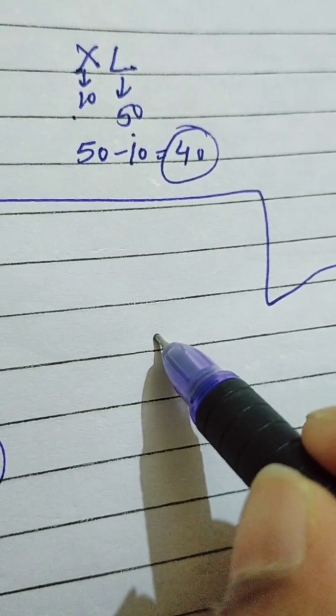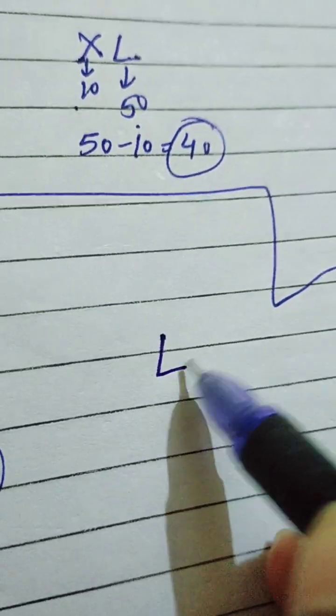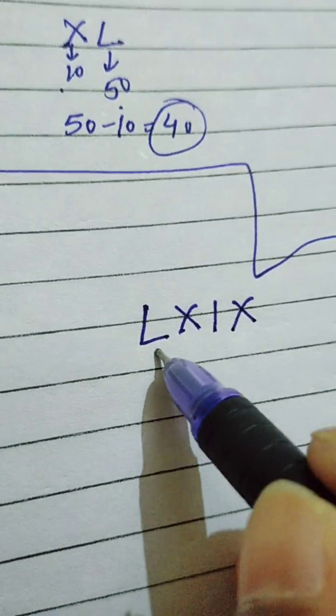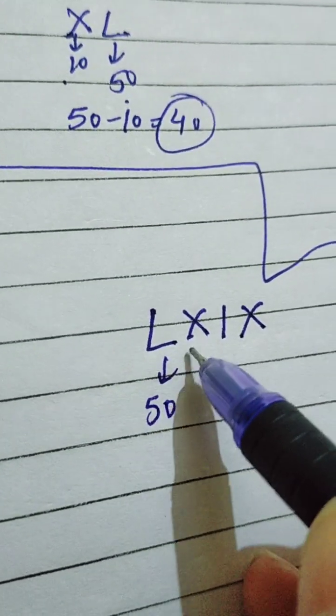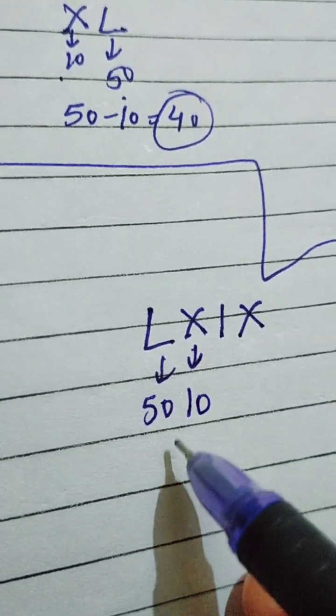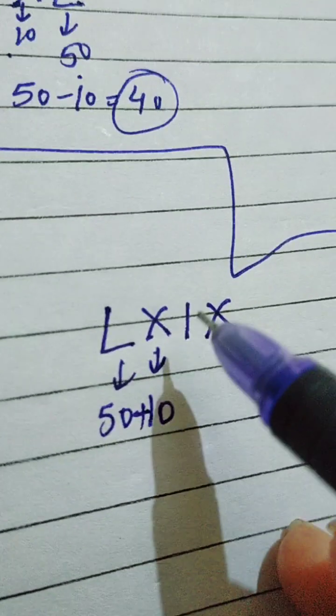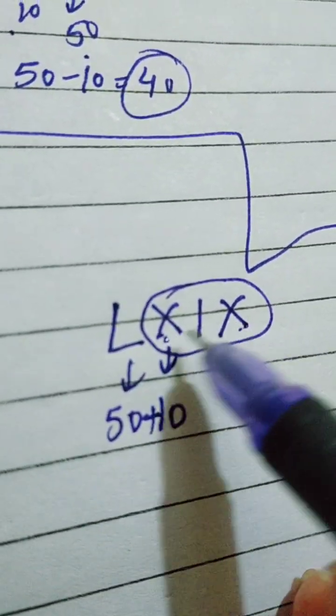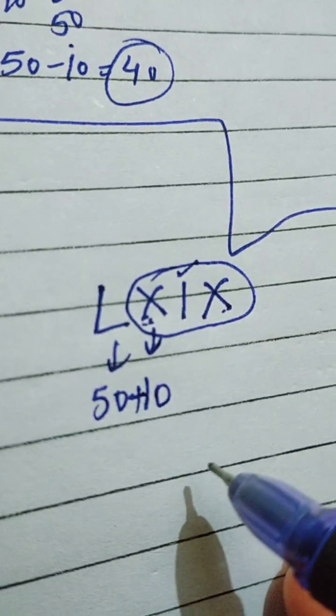If it is LXIX, L means 50. On the right hand side of this it is 10, so these both will be added. But now in this case you can see between the bigger numbers is the smaller number.